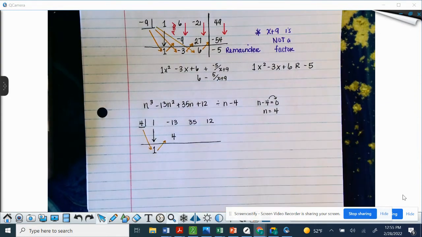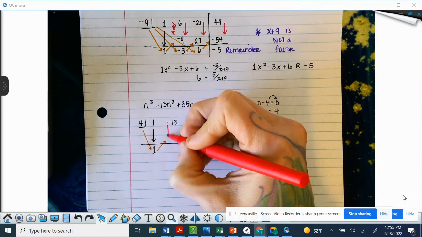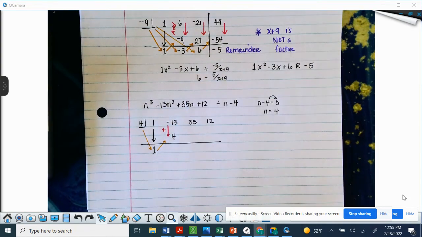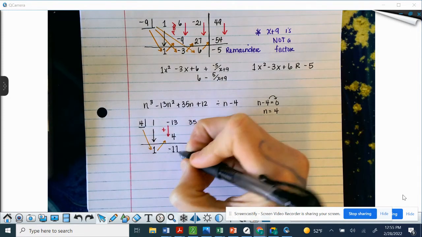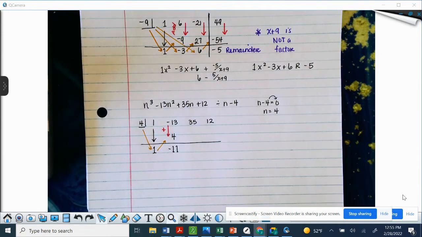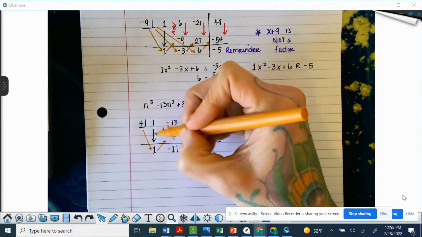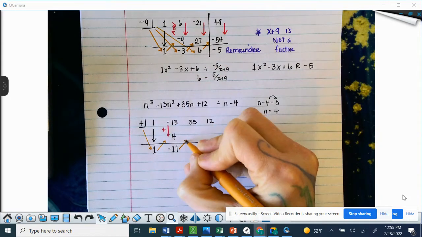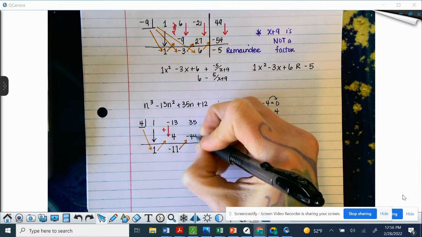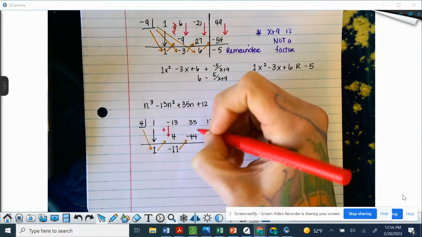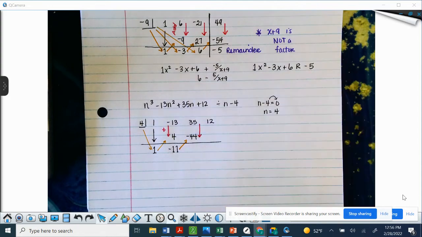Working straight down, you add. So negative 13 plus 4 is going to give you a negative 11. Bouncy ball, 4 is going to come down, times that 11, and bounce back up, which is going to give me a negative 44. Work straight down, add, which is going to give me a negative 9.